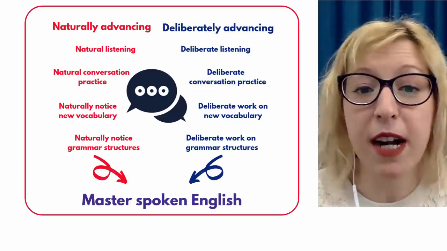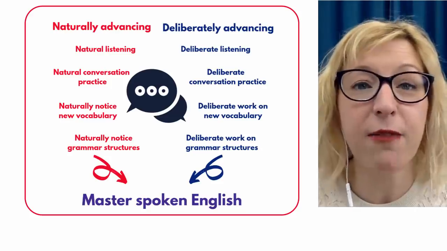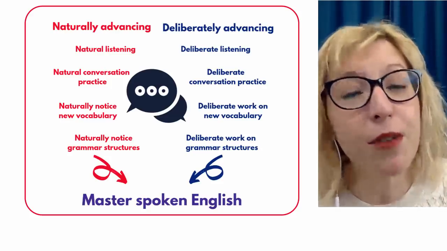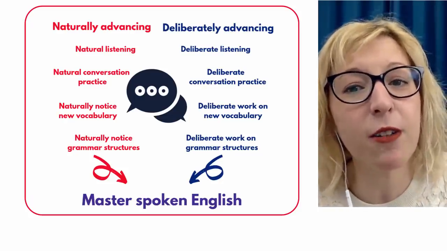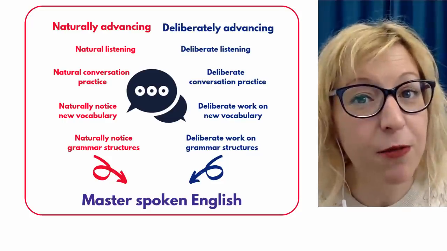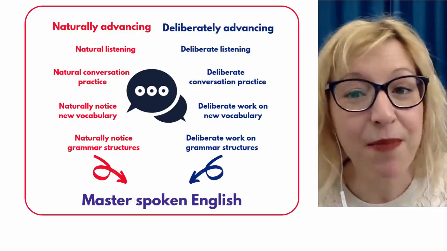Natural conversation practice, this is just talking, just practicing with no specific objective other than just to practice. Deliberate conversation practice is where you actually have a little bit of a structure, a specific topic, some vocabulary words that you want to use, some questions that you want to try to place in that conversation.